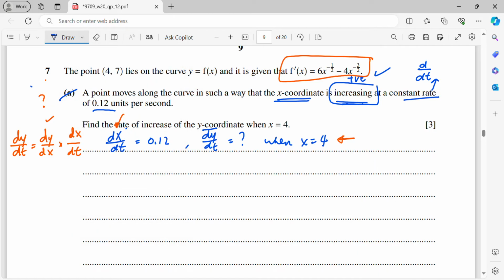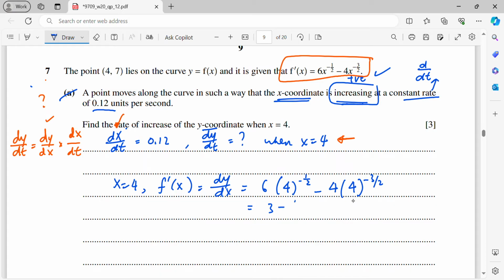So now I will start with when x equals 4, my f prime x, that is dy/dx, is 6x to the power negative half, so 4 to the power negative half, minus 4x to the power negative 3 over 2, so 4 to the power negative 3 over 2. So from here, the first term is basically 3 when you press your calculator.